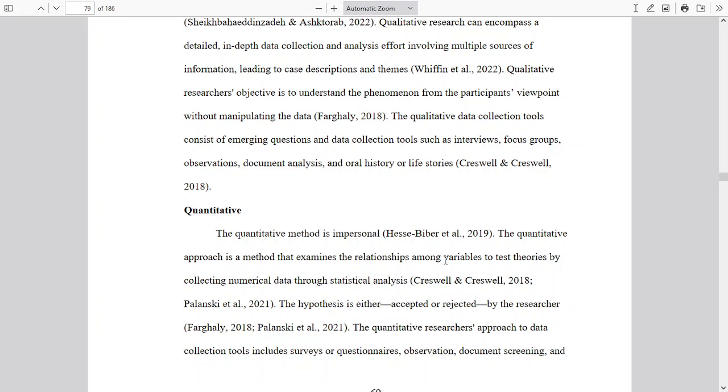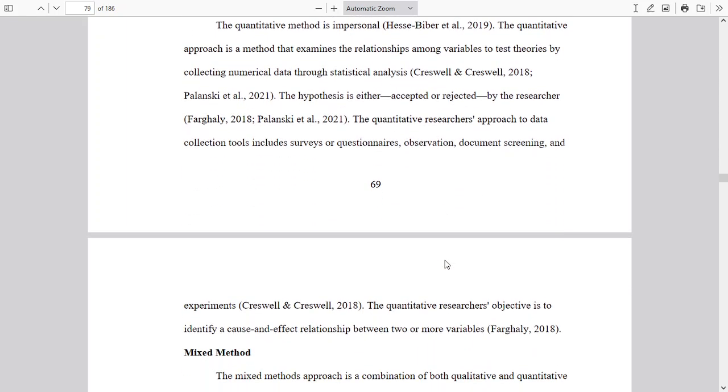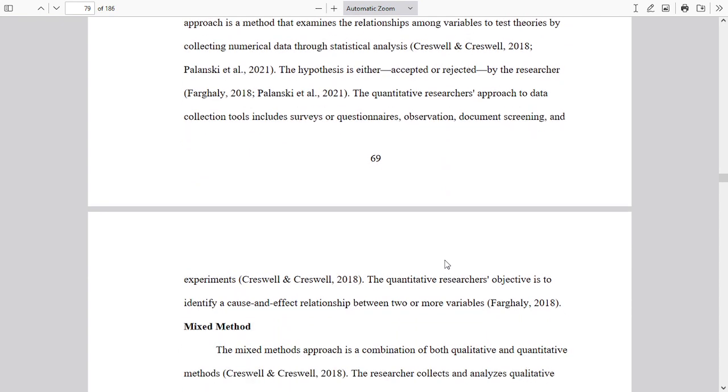The quantitative researchers' approach to data collection tools include surveys or questionnaires. Well, I did do those, but it's in respect to a qualitative method, which I'll get into. But basically, the main reason why is because statistics wasn't needed, and I'm not a very pro-statistic person either.